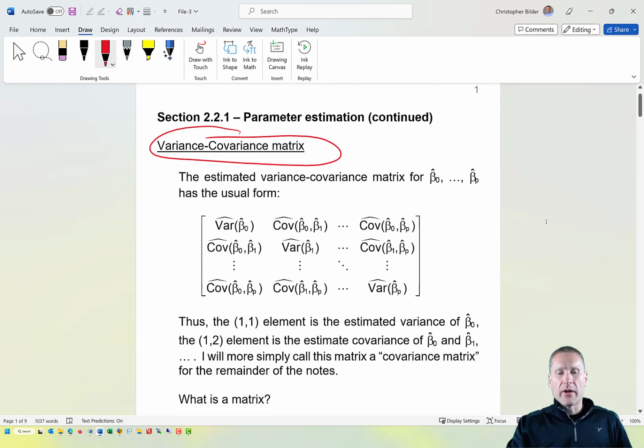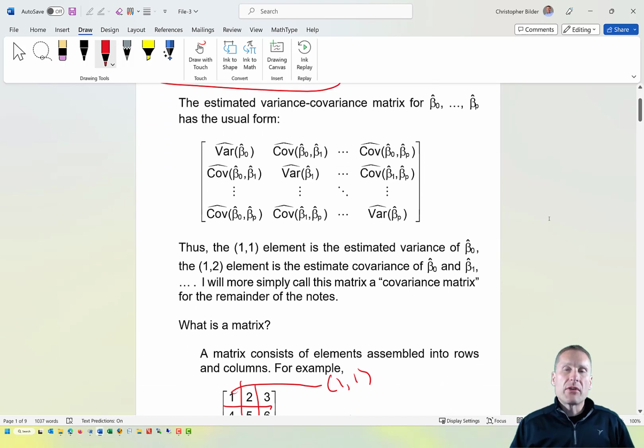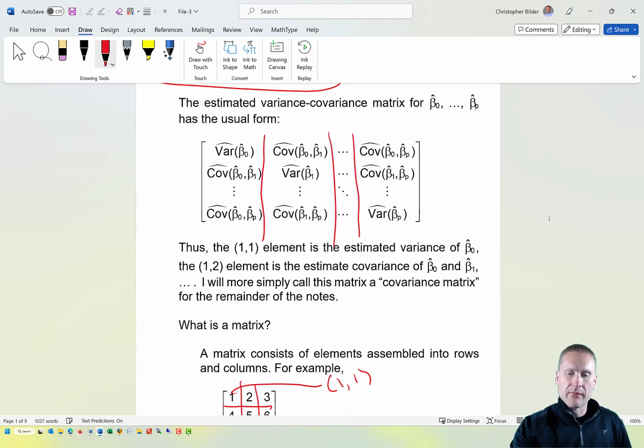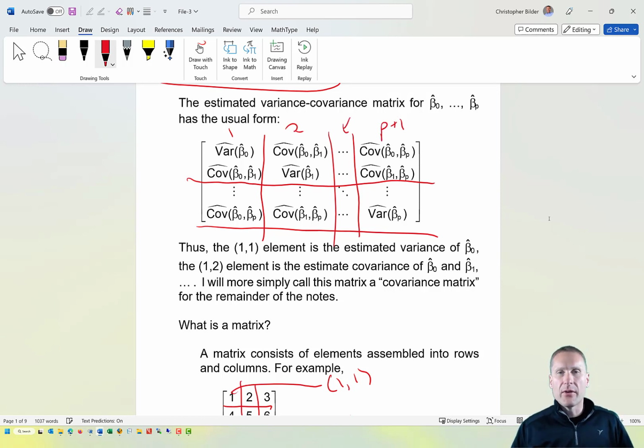So with that as a very brief introduction, we're going to be talking about something called a variance-covariance matrix for our estimated regression parameters that results from doing maximum likelihood estimation. And so here is what the variance-covariance matrix looks like. In this particular case, there are going to be p plus 1 columns. The dot, dot, dot just allows me to not put column 3, column 4, and so on.